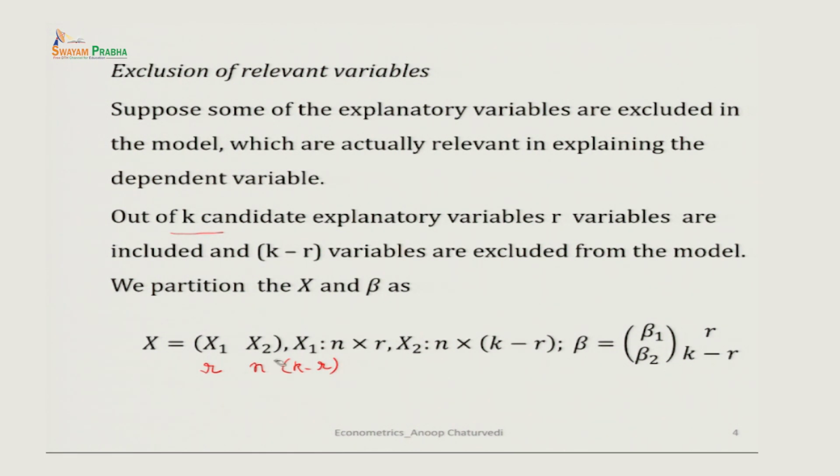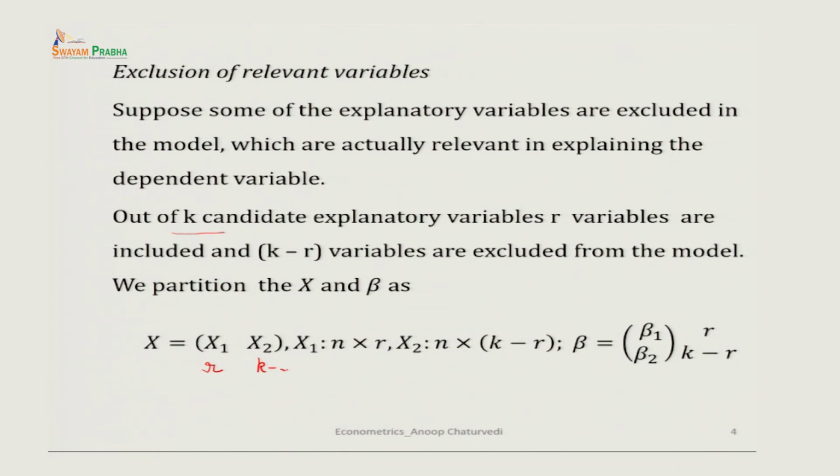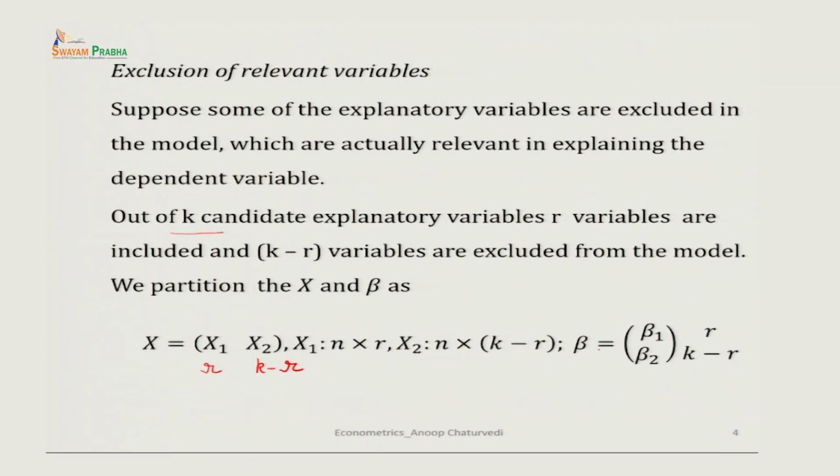So, you have k minus r columns here in X 2. Again we partition beta as beta 1, beta 2, where again beta 1 has r elements and beta 2 has k minus r elements.